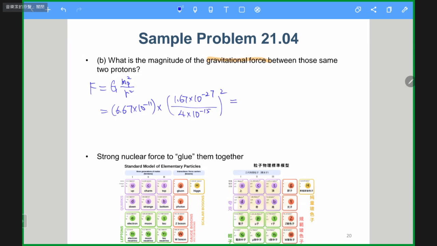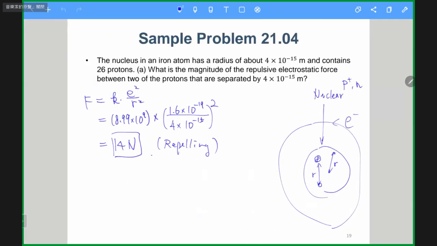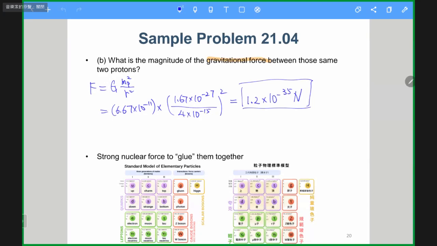So the value is 1.2 times 10 to minus 35 Newton. This is really small compared with the previous one. This is 14, this is 1.2 times 10 to minus 35. So it is more than 36 orders of magnitude difference.